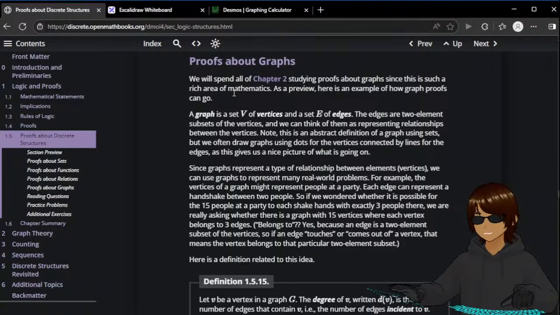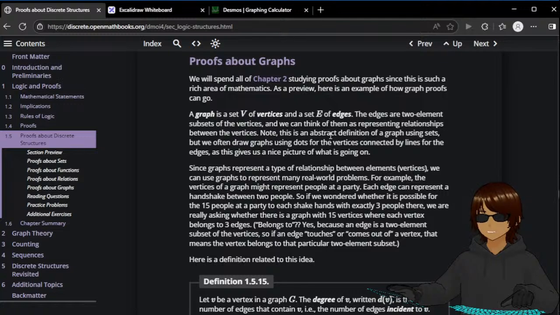Let's spend all of chapter 2 studying proofs about graphs, since this is a rich area of mathematics. A graph is a set V of vertices and a set E of edges. The edges are two-element subsets of the vertices, and we can think of them as representing relationships between the vertices.